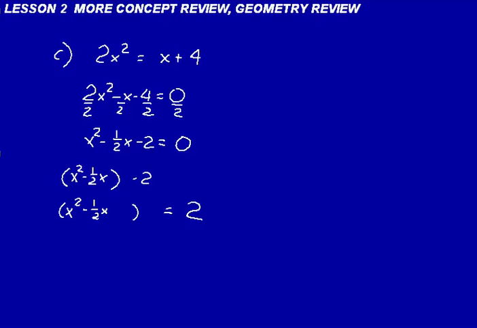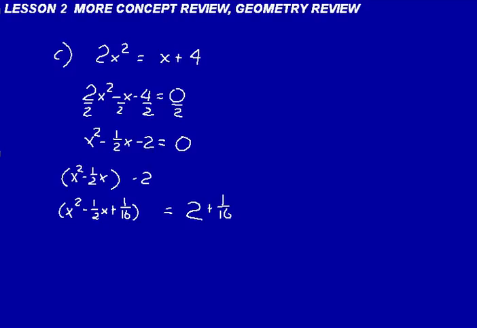We take half of the x coefficient, which would be a negative 1/4, and we square that. So that would be negative 1/4 times negative 1/4 would be a positive 1/16. Add that on the left. That means we have to add it on the right side as well of that equal sign, or we're going to change the formula.